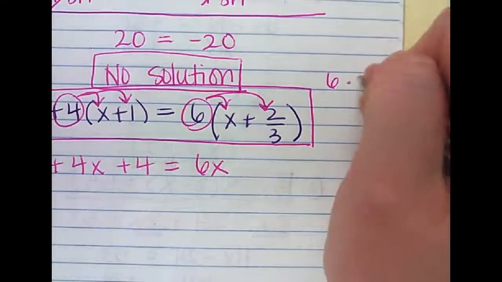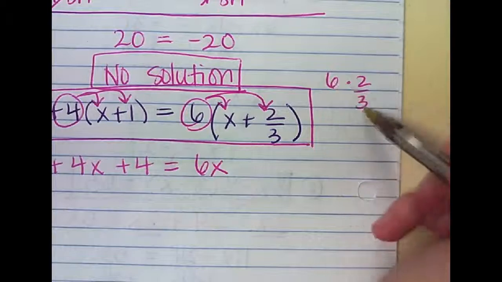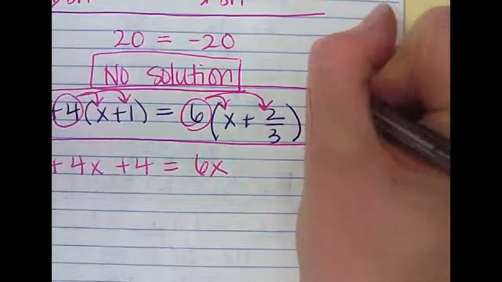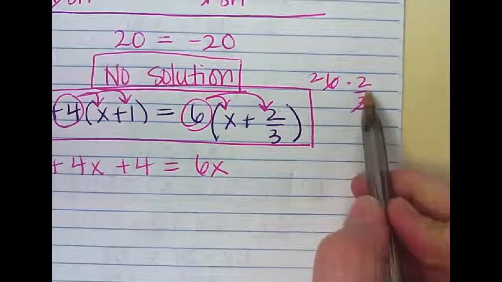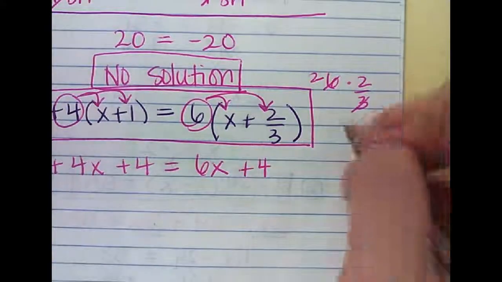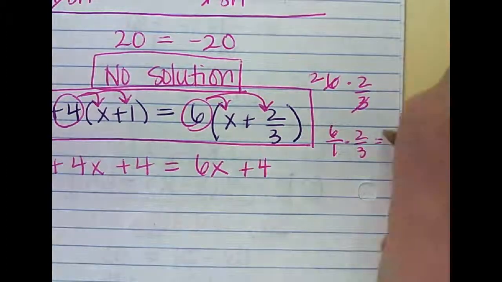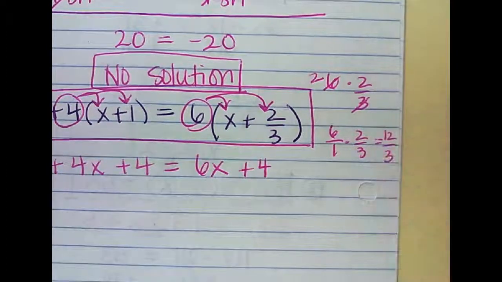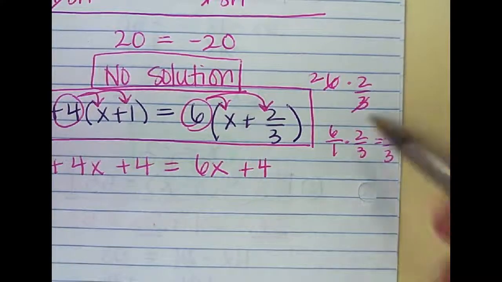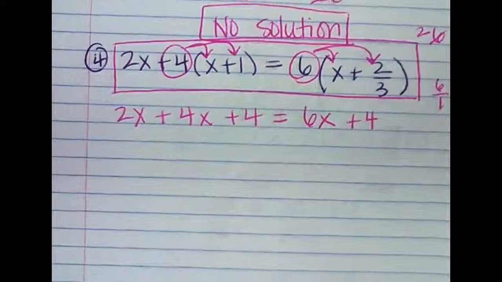I see that the 6 and 3 can reduce. 3 goes into 6 2 times, so then I multiply 2 times 2 is 4. You could also do 6 over 1 times 2 over 3, multiply across, so 12 over 3, which also reduces to 4. If that's stuff that you're having trouble with, make sure that you come and see me so you can work on that, especially if there's no calculator.